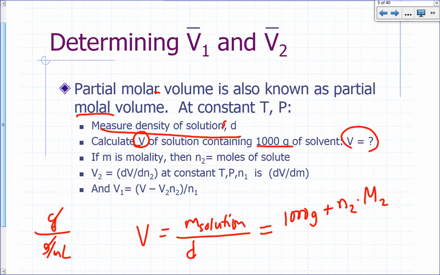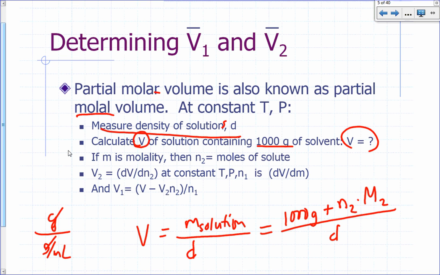So for example, if you have ethanol, you might say you have 0.1 mole of ethanol times 46 grams per mole. That would give you grams of ethanol. Here we're using the label 2 for solute, divided by the density. So you can calculate that from your experimental data.